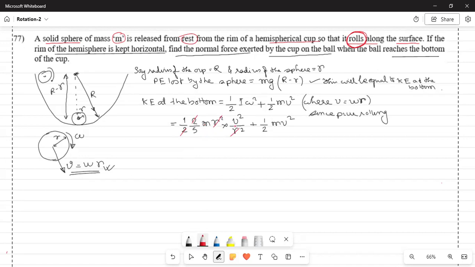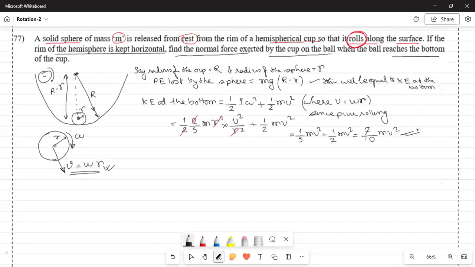So we have 1 by 5 m v square and half m v square. 1 by 5 m v square plus 1 by 2 m v square is equal to, you have 10 here, and here we have 2 plus 5, 7 m v square. So this is the kinetic energy.